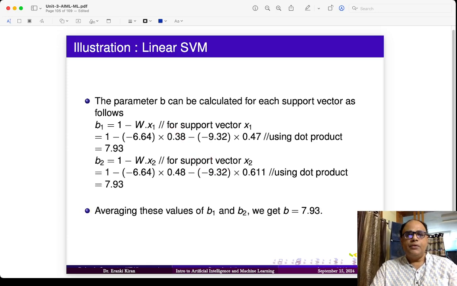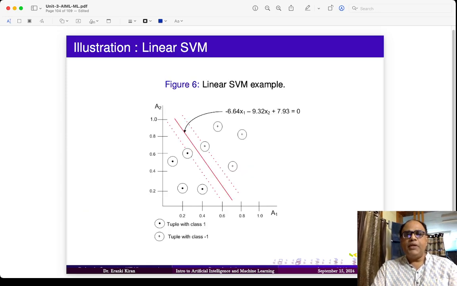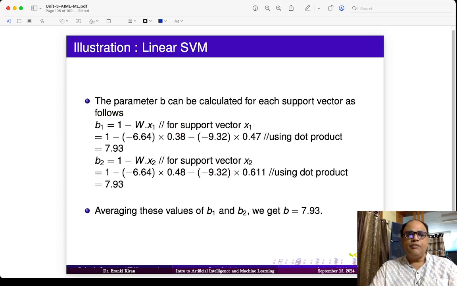After this, using the dot product, we get the value 7.93. Ideally it is minus 6.64 x1 minus 9.32 x2 plus 7.93. Averaging these two values, b1 and b2, we get b equal to 7.93.